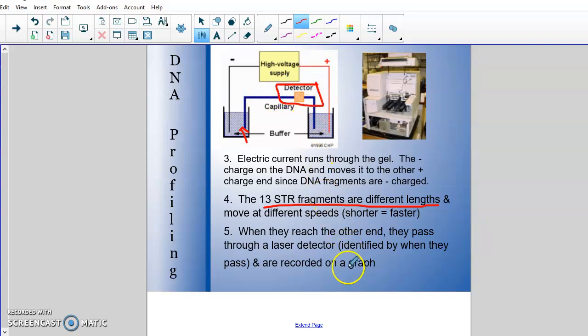And the detector actually then detects what's there, the fluorescence that the PCR primer added to it. It's a laser detector, and they identify it and they record it on a graph. Okay, so they identify the PCR primer and they're able to record it on a graph.